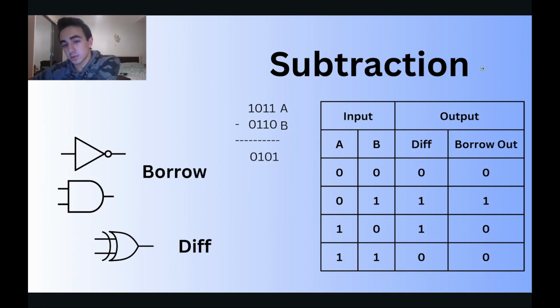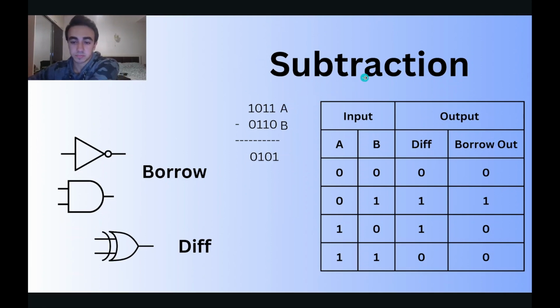Subtraction is somewhat similar to addition because here you see the truth table. You see that when we subtract 0 from 0, we get 0. But here we also have the concept of borrowing.